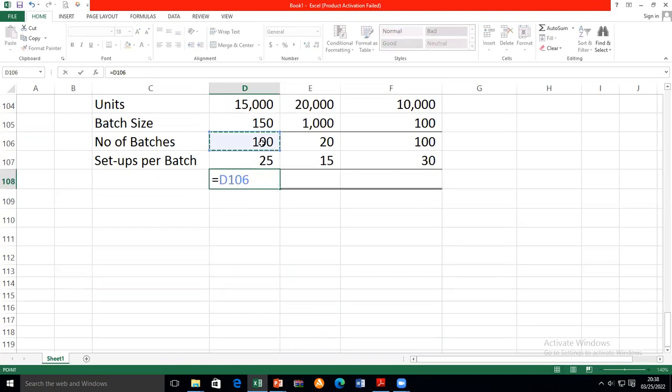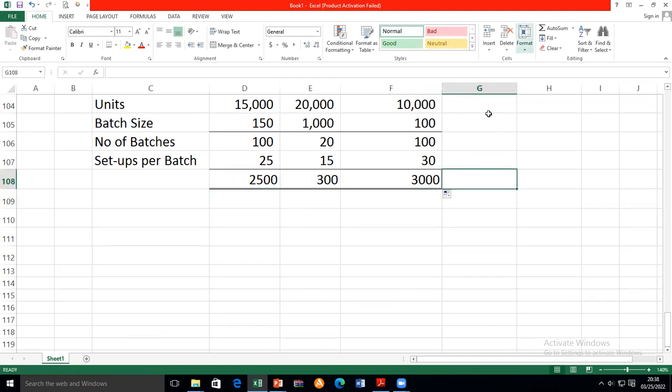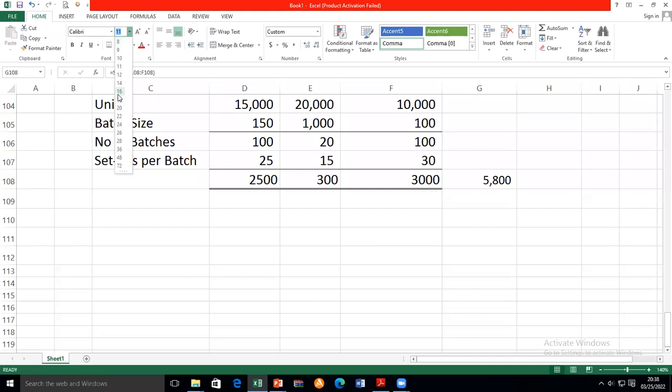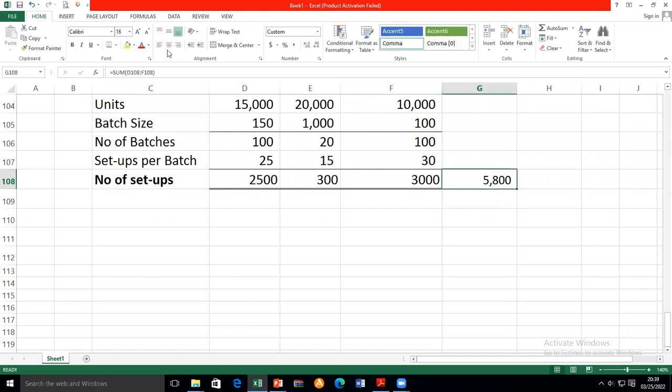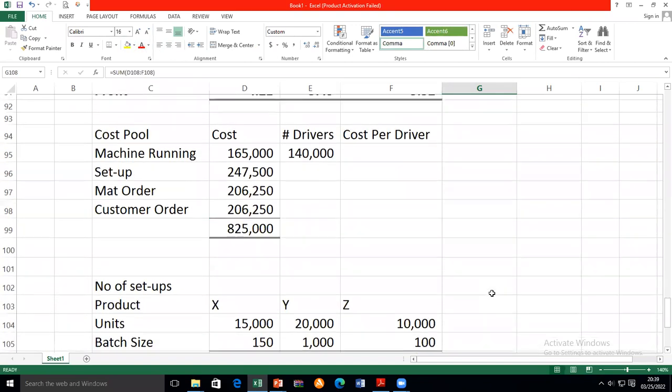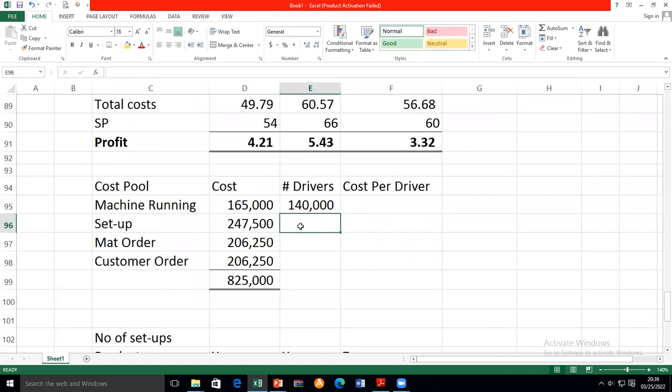You go that by that. So this is the number of setups, and that's your total. Quite a lengthy process, isn't it? That's your answer. So 5,800 is the figure you are looking for. So you come here, you say the number of setups is 5,800.